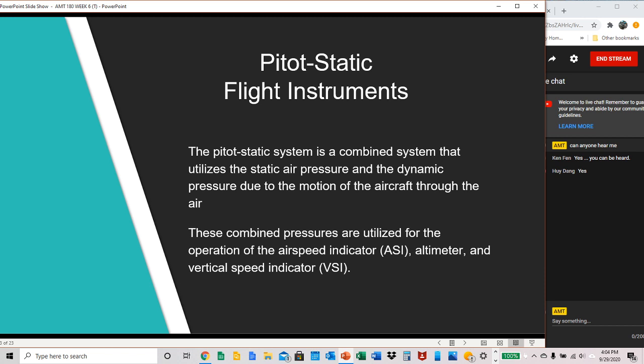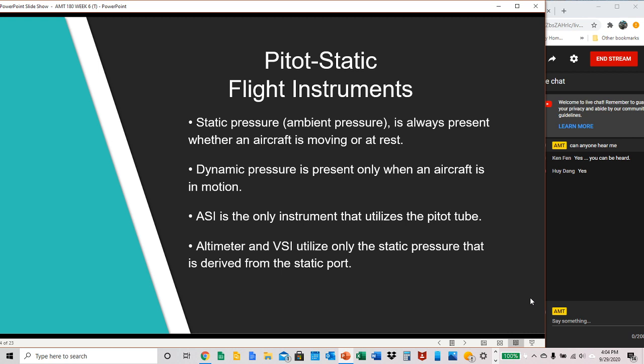The pitot-static system is a combined system that utilizes the static air pressure and the dynamic pressure due to the motion of the aircraft through the air. These combined pressures are utilized for the operation of the airspeed indicator, altimeter, and vertical speed indicator. In our pitot-static system, we have our static pressure, or ambient pressure, which is always present whether an aircraft is moving or at rest.